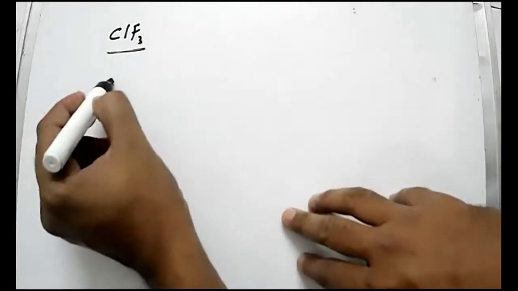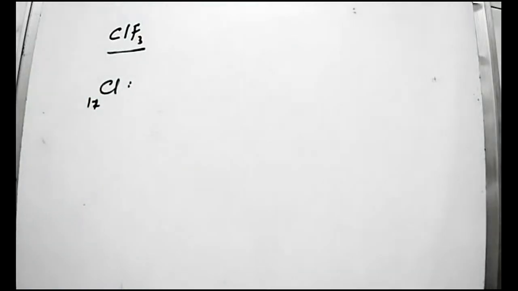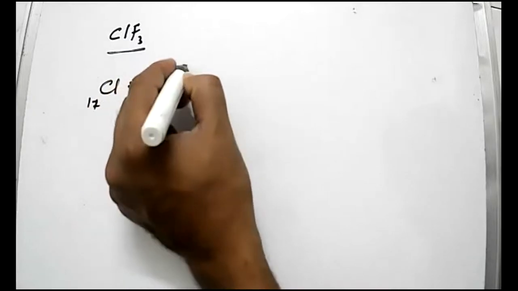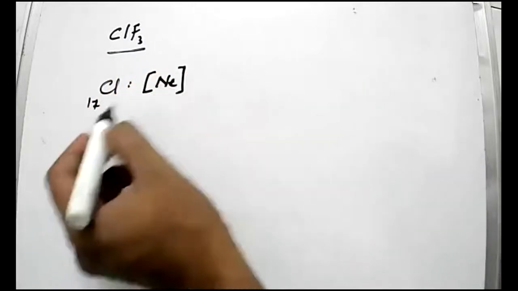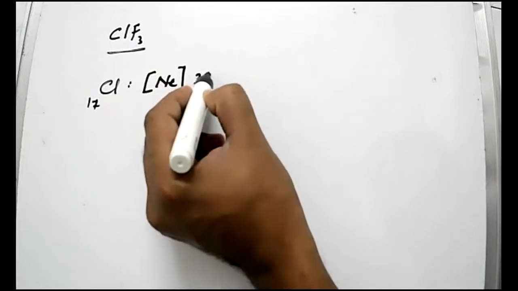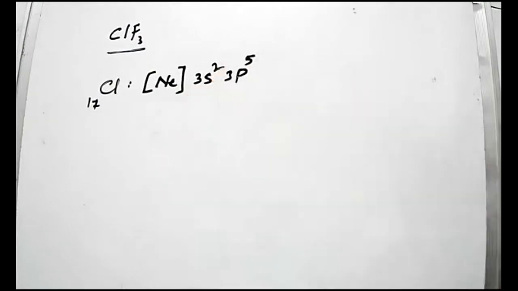So we should know the electronic configuration of chlorine. We can write it in condensed form as neon, having 10 electrons, and next 3s2 and 3p5, right?